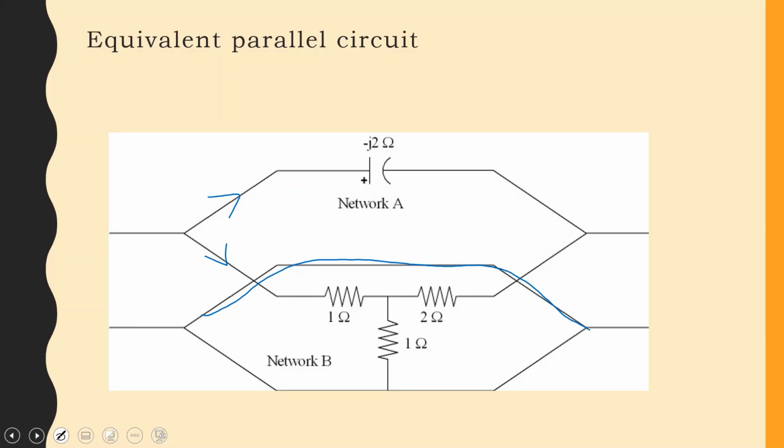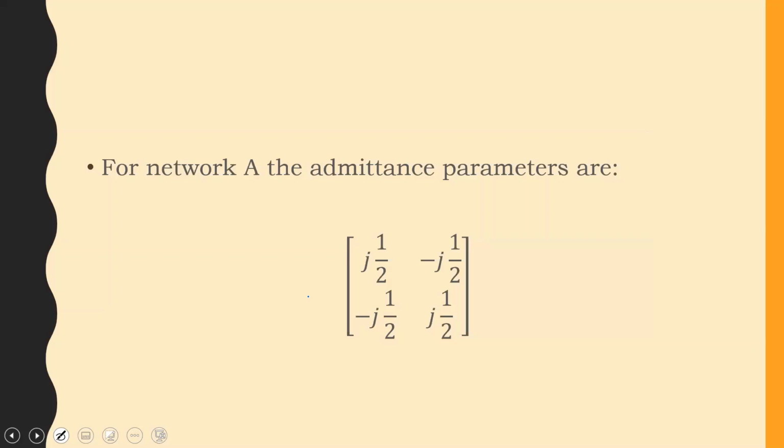All right. So students, we have two networks. That's my network A. This is my network B. So with these two networks, for network A, those are the admittance parameters.